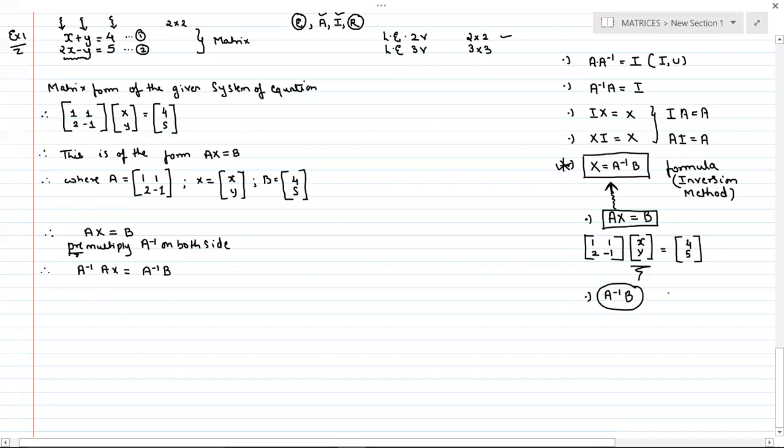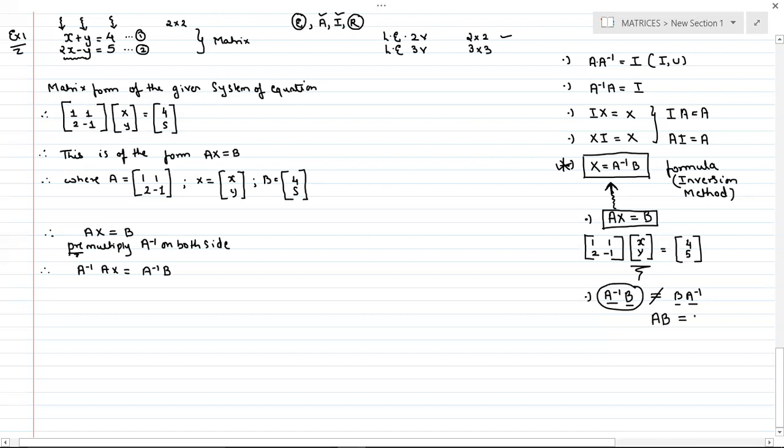If you just simply multiply A inverse on both sides, you can get B A inverse also. But the final answer is with respect to A inverse B, not B into A inverse. See to it that A inverse B and B A inverse are different matrices, and whenever we have two different matrices, the product will not be equal, as I explained in the previous videos.